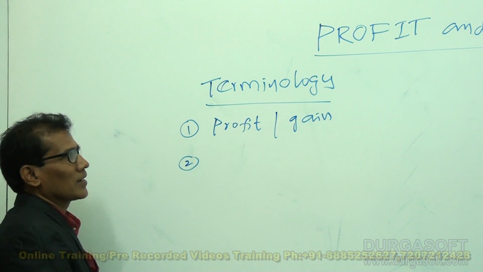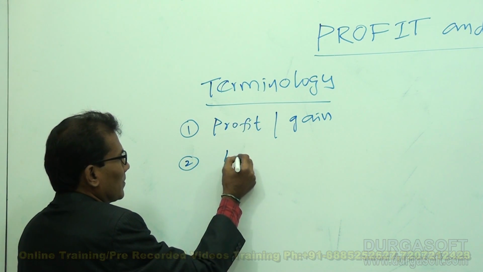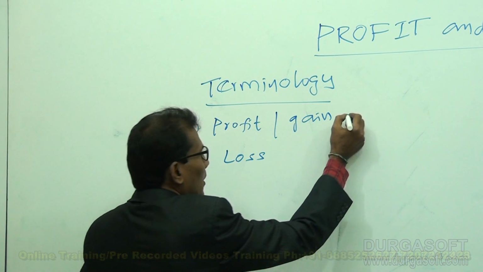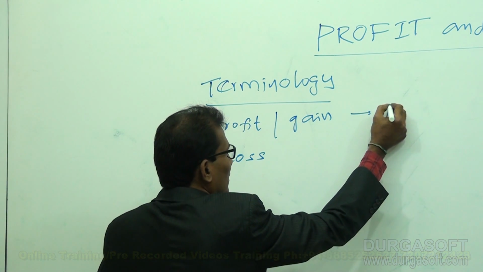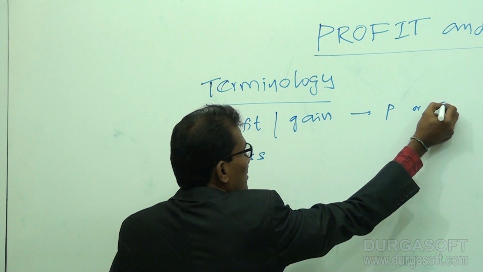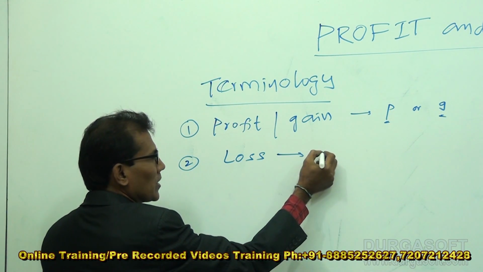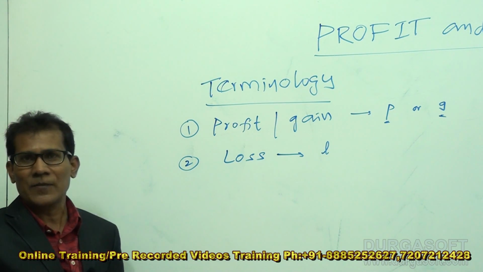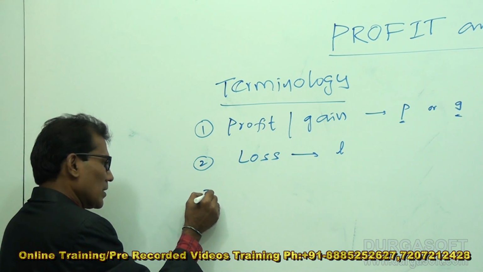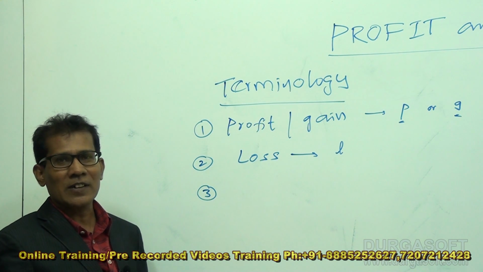And next, loss. Usually profit or gain is denoted by P or G. P for profit, G for gain. The same way, loss is denoted by L. L for loss. What are the other terms in profit and loss?